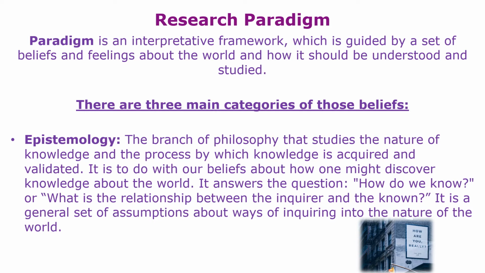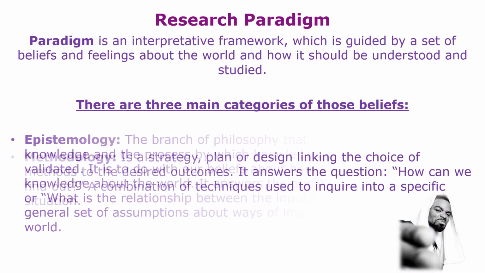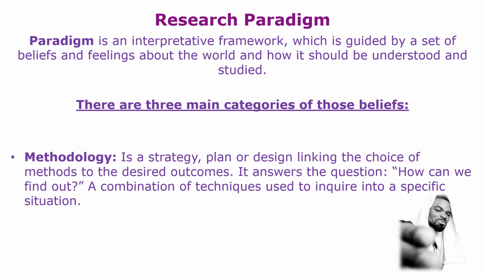Or, what is the relationship between the inquirer and the known? It is a general set of assumptions about ways of inquiring into the nature of the world. So how do we know this thing? Normally, when you're asking yourself those questions, you would have to know who's asking and what it is that we know. We'll talk about this as we go ahead.